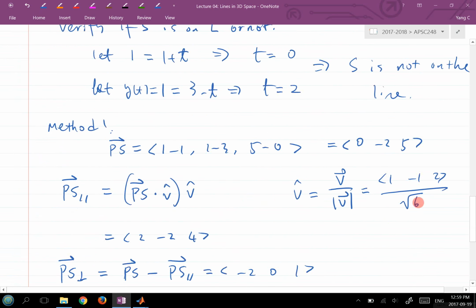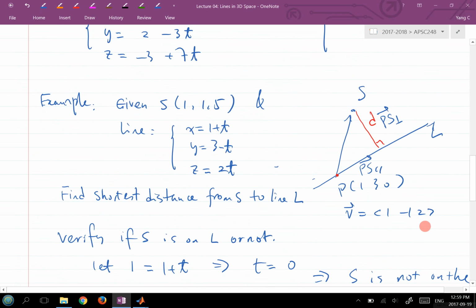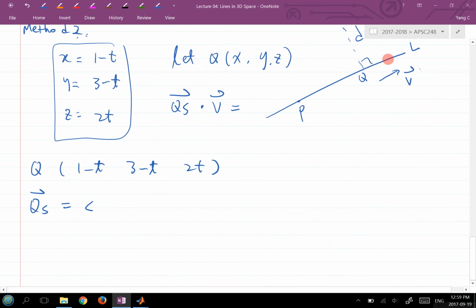It's 1, 1, 5. Okay, so it's 1 minus t, 1 minus 3 minus t, and then 5 minus 2t. Right. So that's the QS coordinates. So then you get t, negative 2 plus t, and 5 minus 2t. So that's the QS vector.